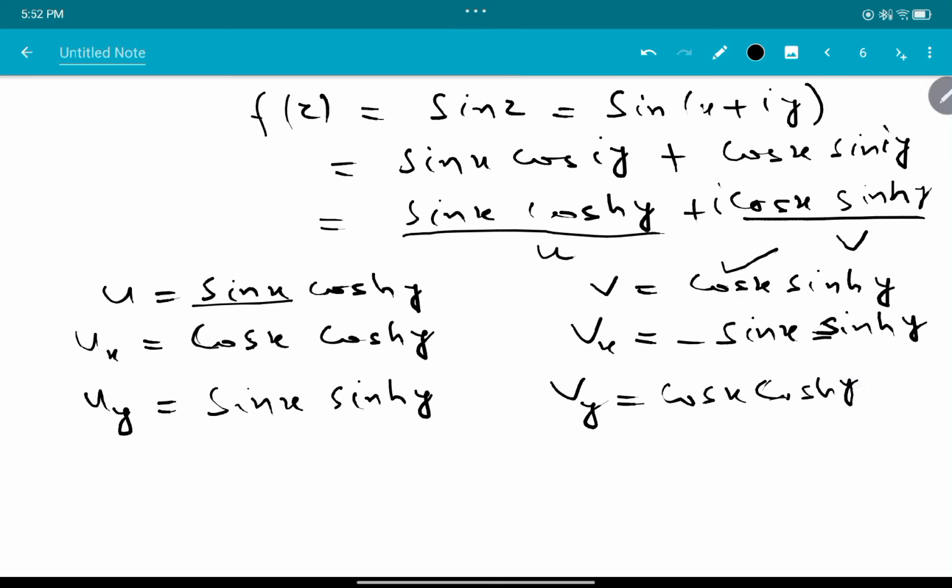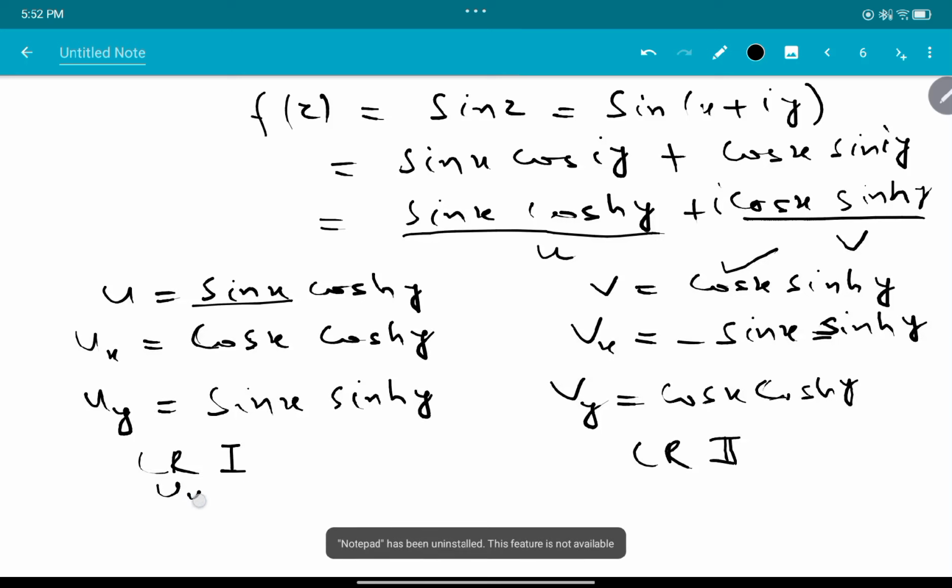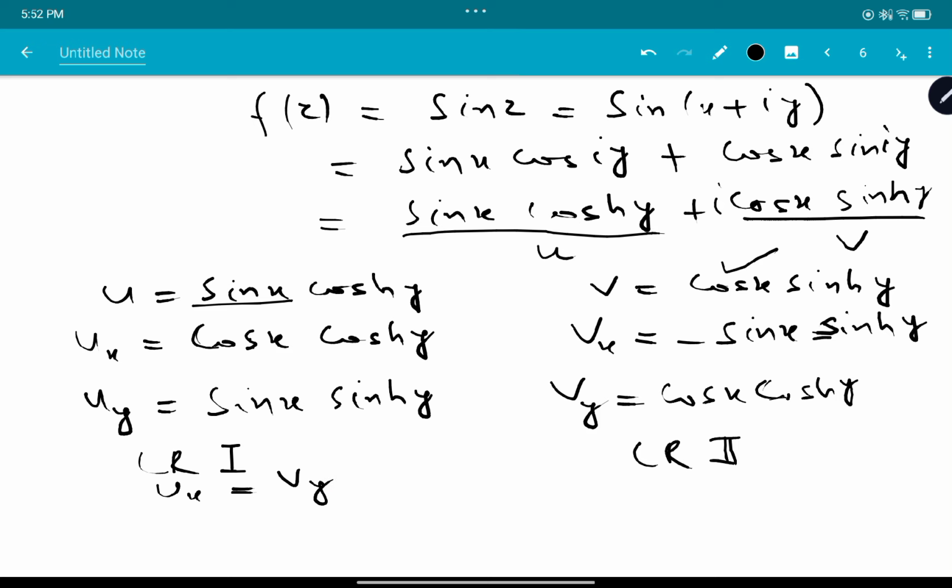Now let us compare CR equation 1 and CR equation 2. In CR equation 1, you have ux equal to vy. Let's check whether they are equal here. Ux is cos x cosh y, and vy is cos x cosh y. Good, they are equal.